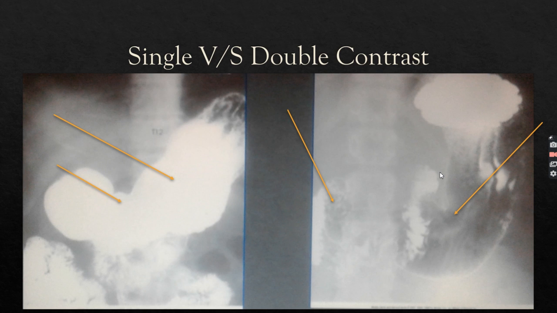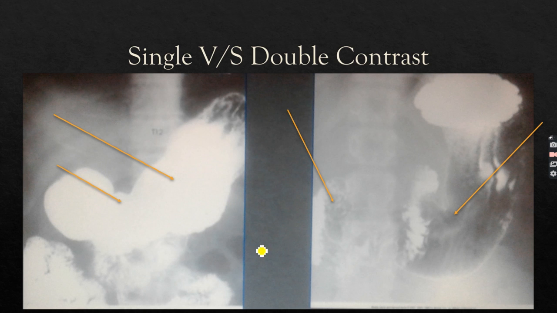As I've already discussed in the previous videos, any barium study may have three views. For example, the mucosal relief view. I hope you all know what a mucosal relief view is. Then the single contrast view, and the double contrast view.